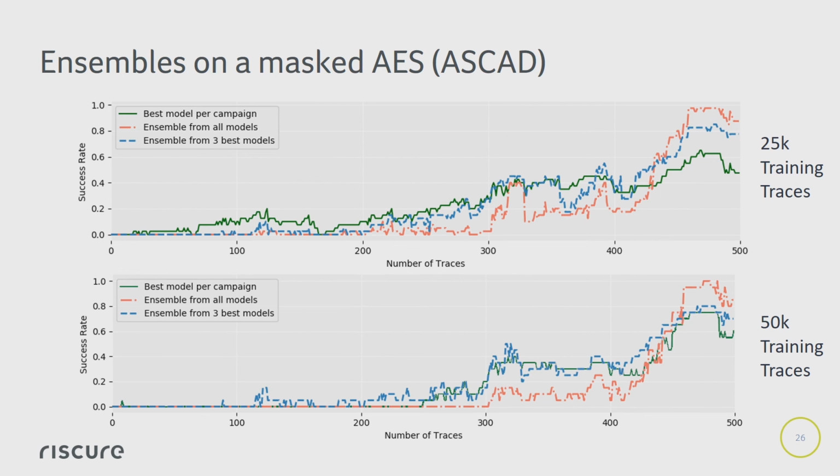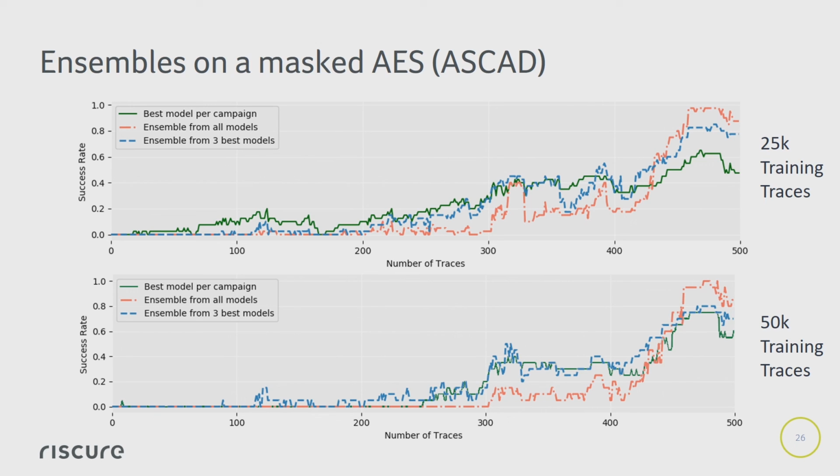You mean the training sets? Yeah, so every network is trained with a different training set? So there are 200,000 traces, and every time I randomly select 25,000 or 50,000. So it's like a cross validation in the end.